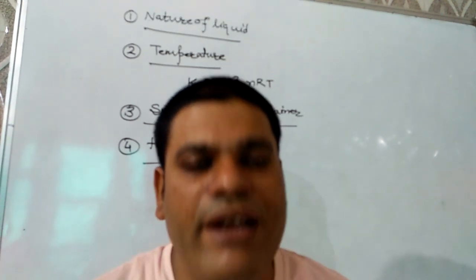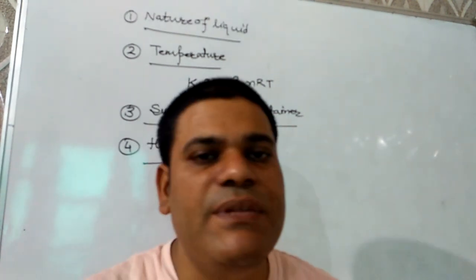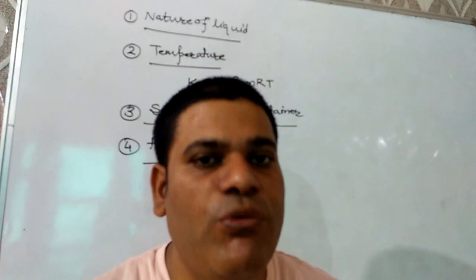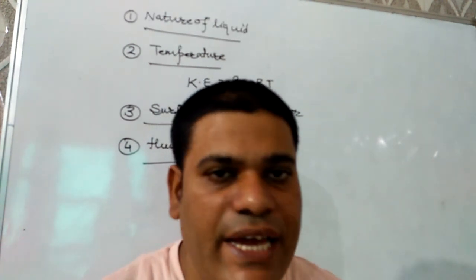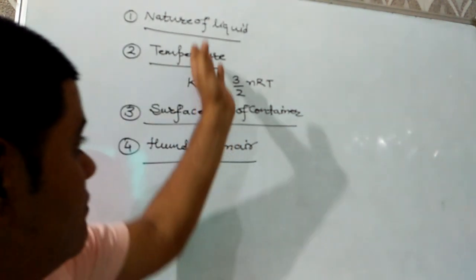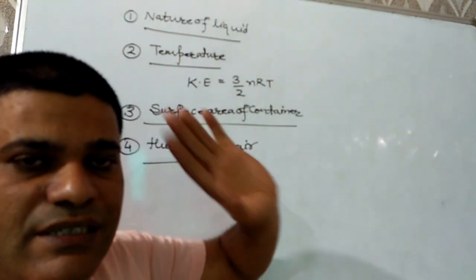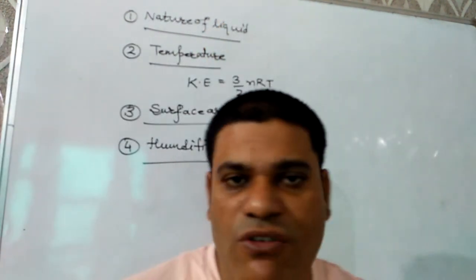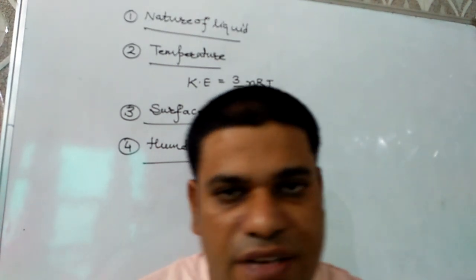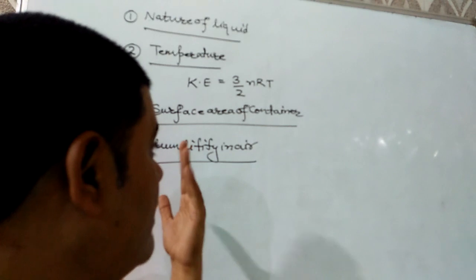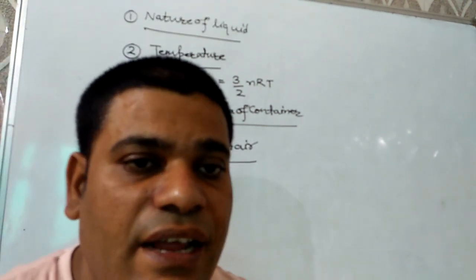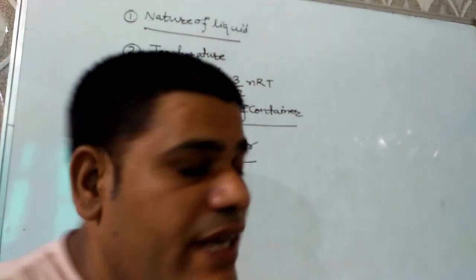So the more the humidity, the lesser the evaporation. From this we can say that evaporation generally depends on four factors. The first one is the nature of the liquid, the second is the temperature, the third is the surface area of the container, and the fourth is the humidity in air.